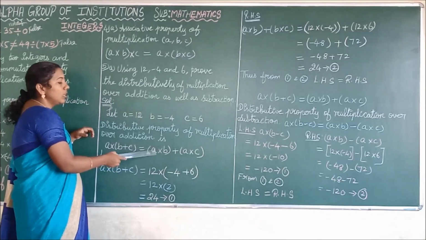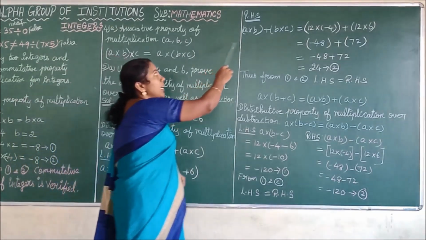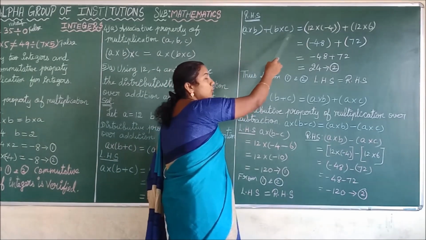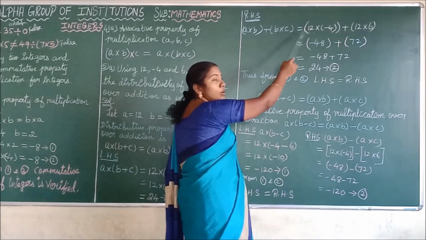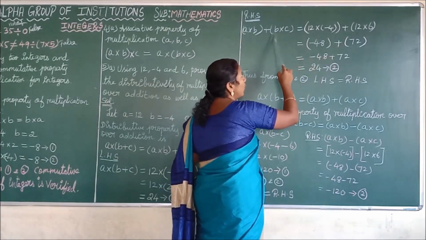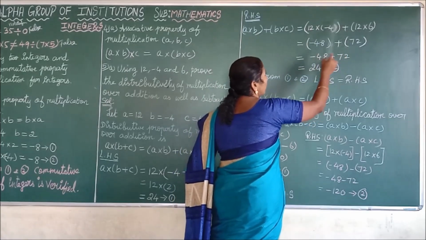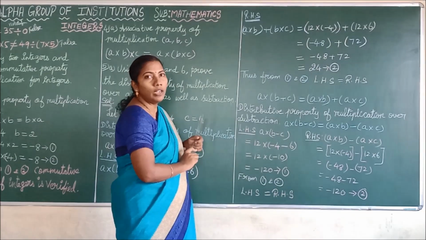Now we are going to verify the values for RHS. What is your RHS? a into b plus a into c. Substitute the values. What is the value of a? 12 into, what is the value of b? Minus 4 plus 12 into value of c, 6. Thus 12 into minus 4 plus 12 into 6.